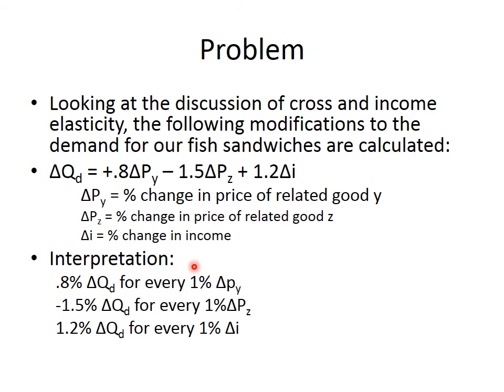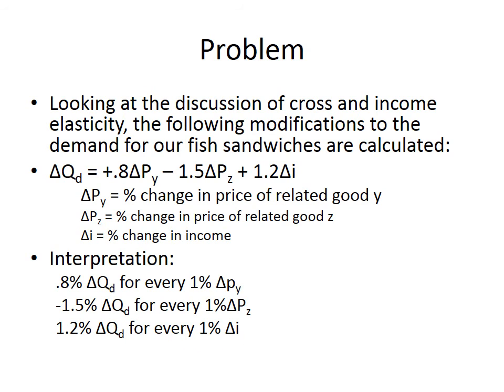Okay? Now let's interpret this. Let's not get lost in the formula. I don't want to get too lost in the equation and the solution and all that good stuff. We want to first of all think about what this means. What this means is that there will be a 0.8% change in demand for every 1% change in the price of related good Y. It means there will be a negative 1.5% change in demand for every 1% change in the price of related good Z. It means that there will be a 1.2% change in demand for every 1% change in income.